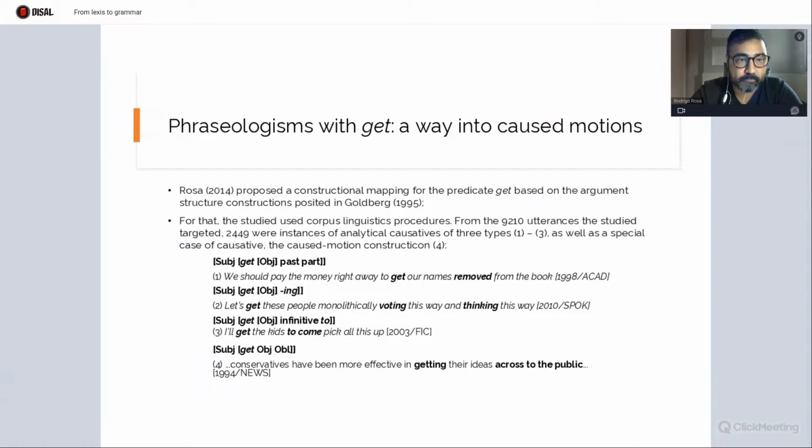And for that, the study used corpus linguistics procedures as I have already mentioned, right? Obviously this generated a number of instances of utterances that was not possible to be analyzed, because the following step would have to be my manual analysis of each one of these sentences. Statistically, it's not relevant, but if you are interested, you can read it there.